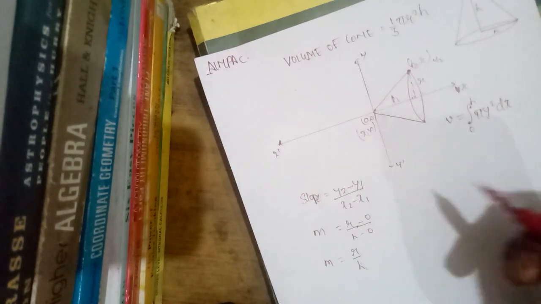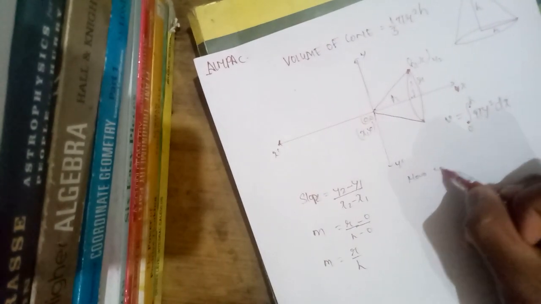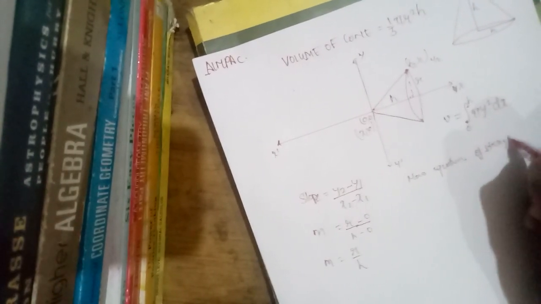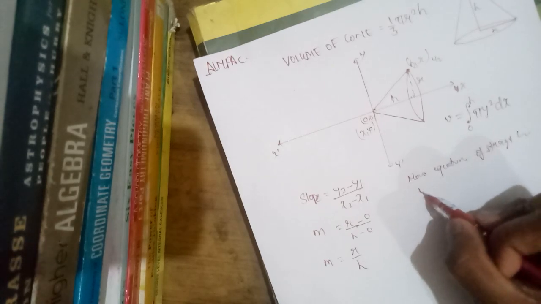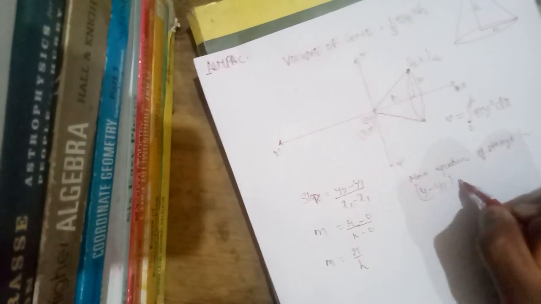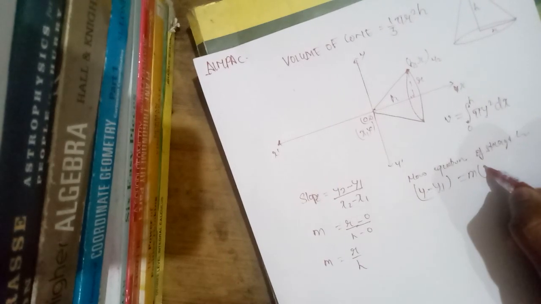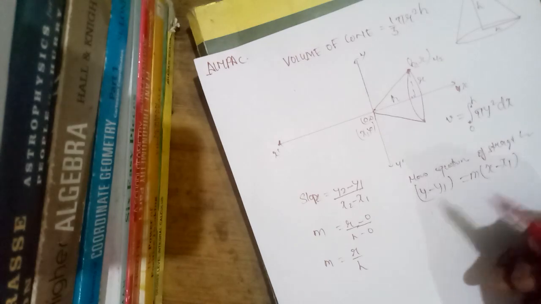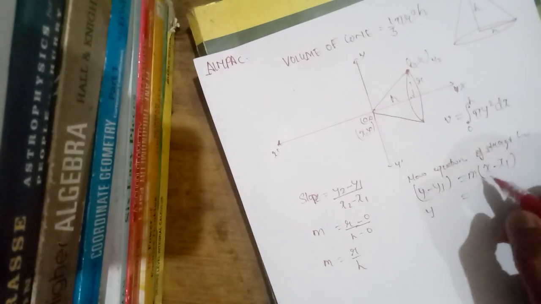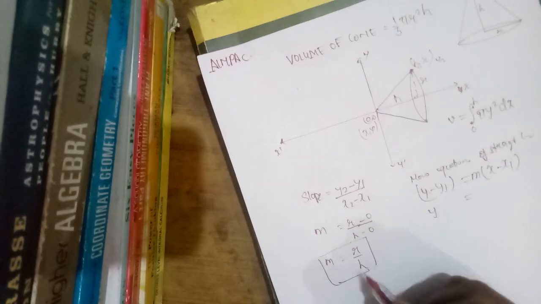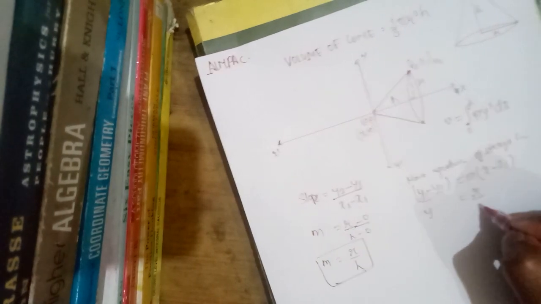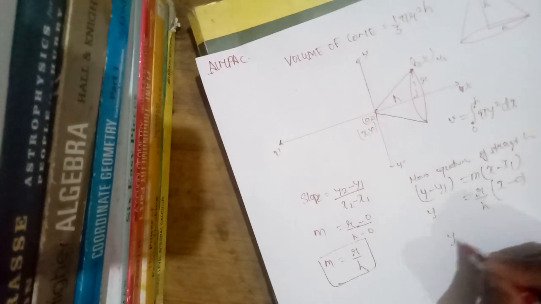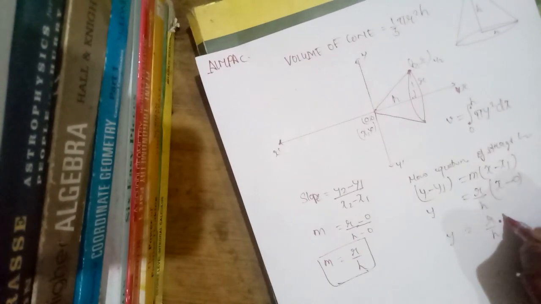Now from the equation of a straight line, that is y minus y1 equals m times (x minus x1), where y1 and x1 are 0 and the value of m we already calculated, we replace it. It will be r by h times (x minus 0). So here we get y equals r by h times x.